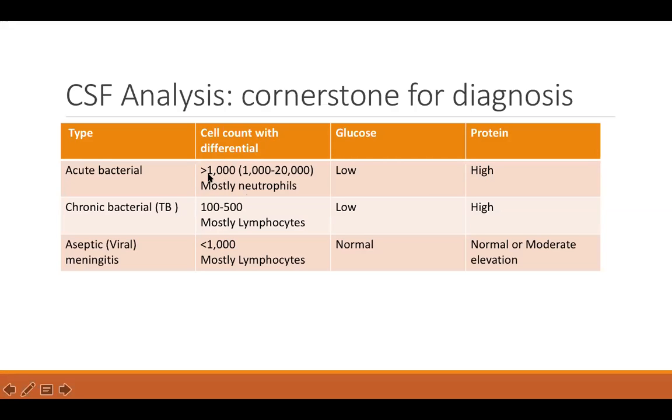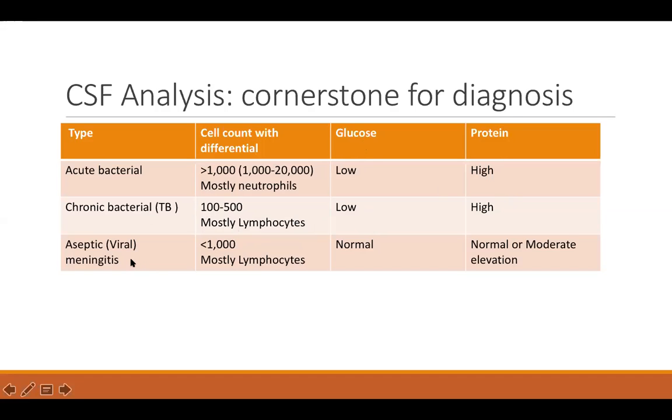So when you see thousands, this is bacterial, and it's mostly neutrophils. The glucose is going to be extremely low in bacterial meningitis and the protein is going to be high. In chronic bacterial meningitis, the WBCs are usually in the hundreds, from 100 to 500, and the predominant cell type is lymphocytes. The glucose will be low and the protein high.